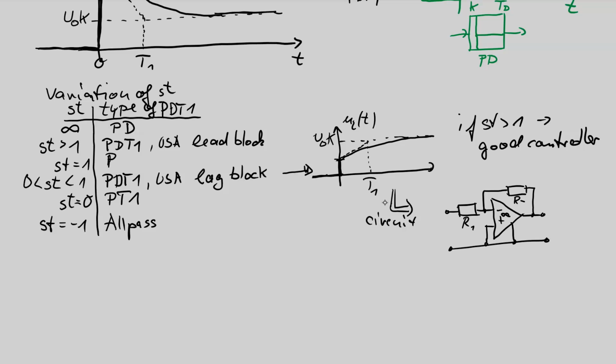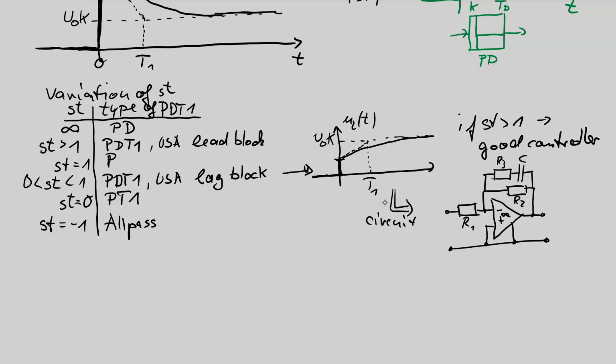And if I exchange this to the parallel circuit of RC in the feedback branch, then the time constants T1 and Td exchange position. Now I exchange just the Z1 with the Z2. Then, of course, in the denominator I have the larger time constant.